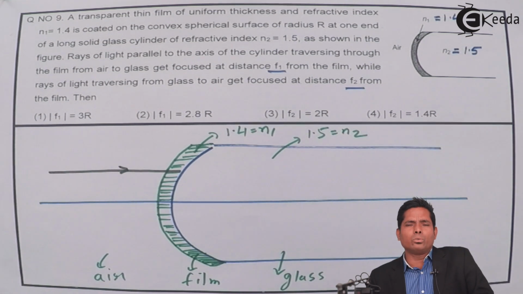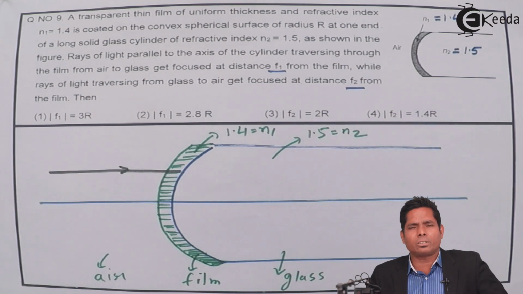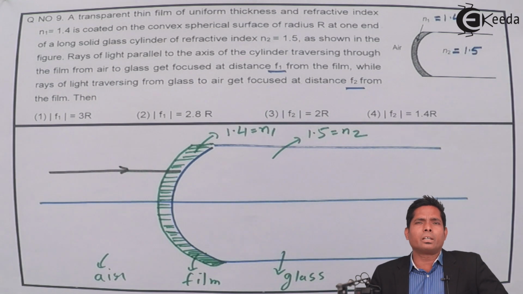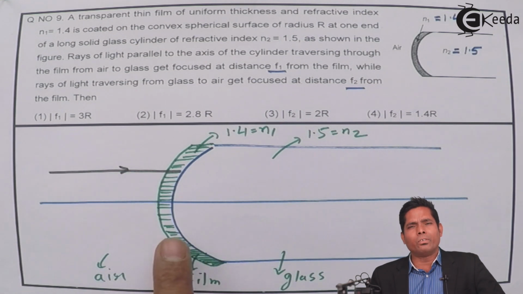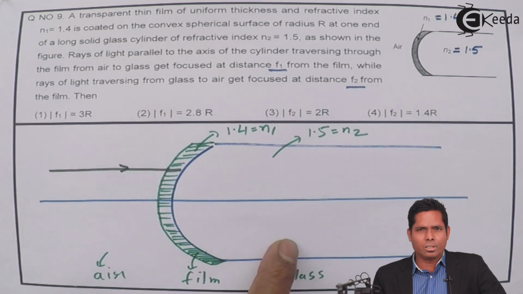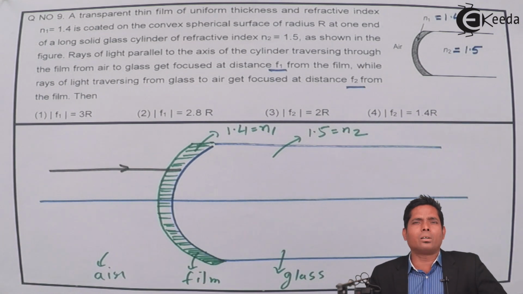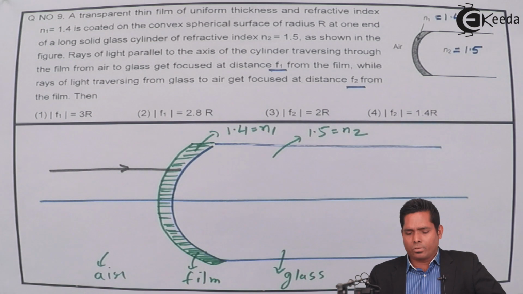So we have to use the refraction of light at a single curved surface two times, one for air to film and then for film to glass. So two times we will apply the refraction formula at the curved surface.